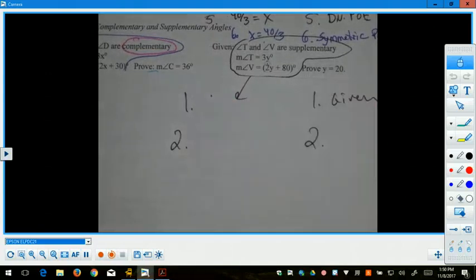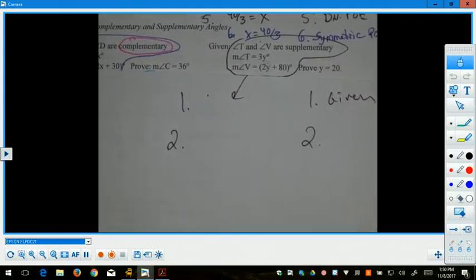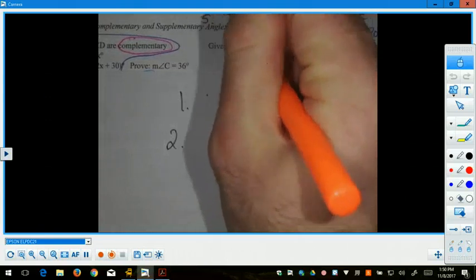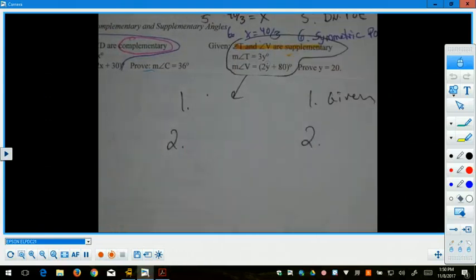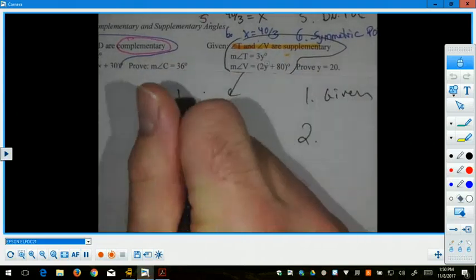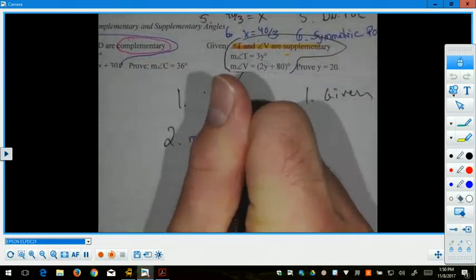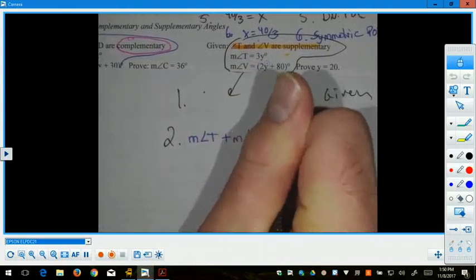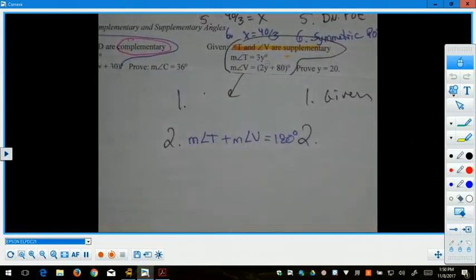My next line comes from this definition right here. The fact that T and V are supplementary. We should all know at this point from our first unit what supplementary means. It means that the two angles, or their measures, will add up to 180 degrees. So that's the equation I write, but I have to do it in terms of the names of the angles, saying the measure of angle T. I can't write the expressions yet.